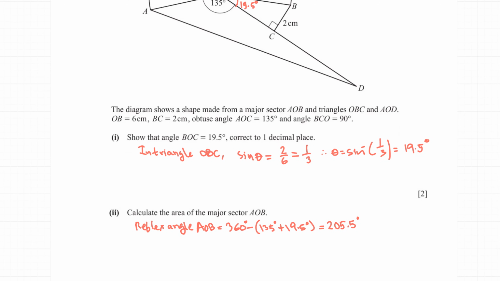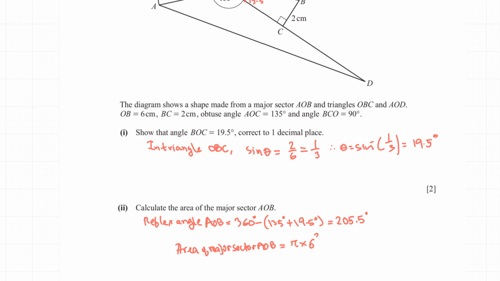So the area of the major sector AOB would be pi r square, so pi times the radius 6, so 6 square, times 205.5 over 360, and that is equal to 64.55.